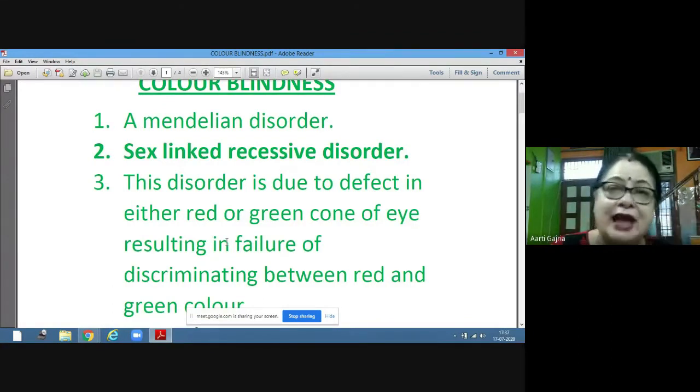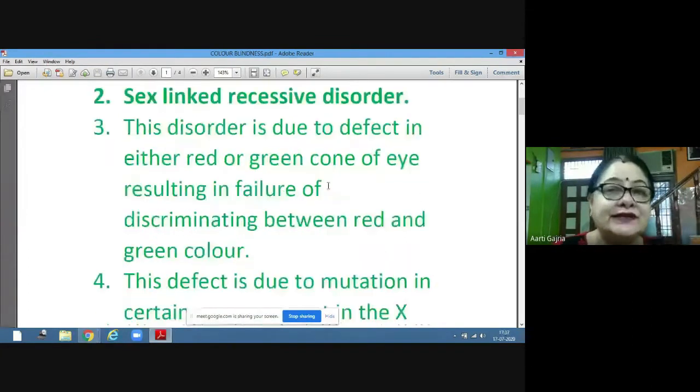This color blindness disorder occurs when the person is not able to discriminate between red and green color, and this is due to a defect in either the red or green cone of the eye.